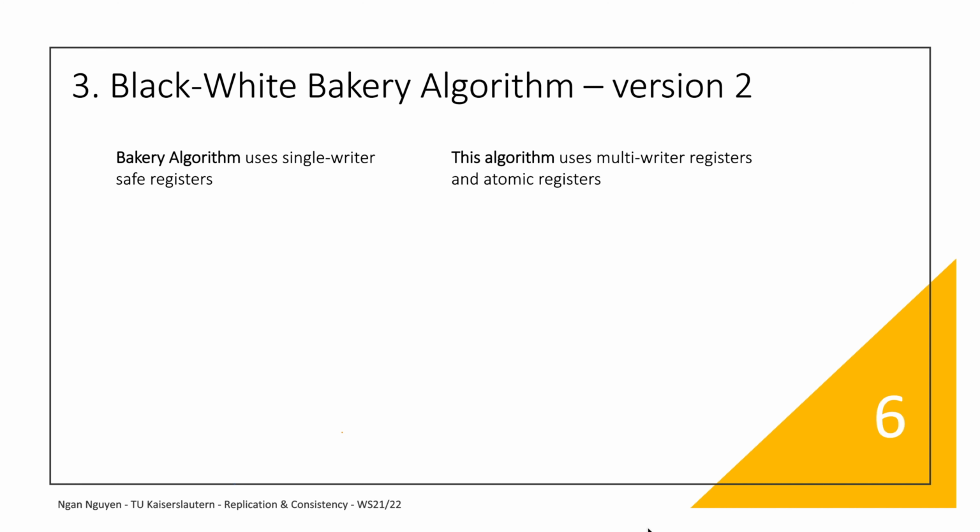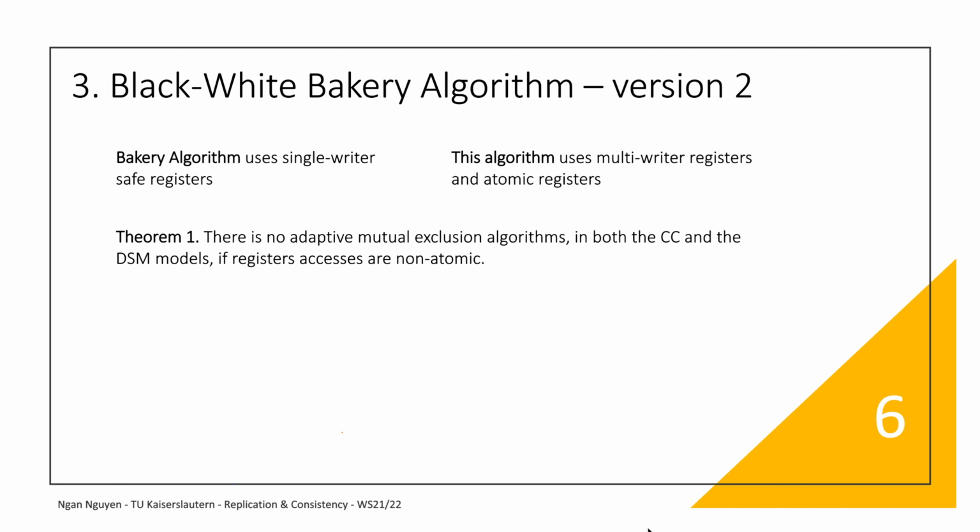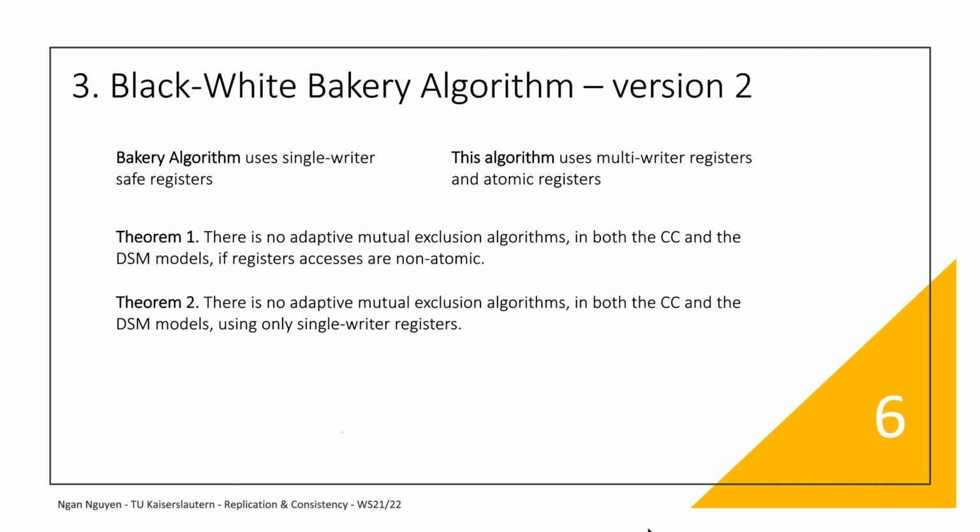We also have the two following theorems. The first theorem: there is no adaptive mutual exclusion algorithm in both the coherent caching and the distributed shared memory models if register accesses are non-atomic. And the second theorem: there is no adaptive mutual exclusion algorithm in both the coherent caching and the distributed shared memory models using only single-writer registers.